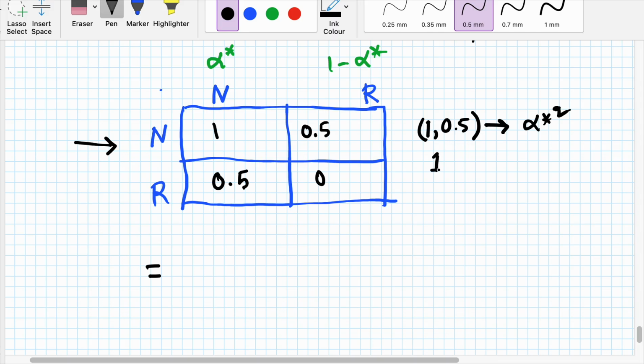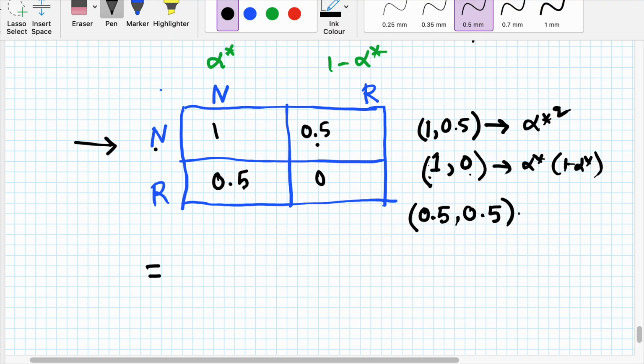And also in this outcome, when she samples n she finds 1, and when she samples r she finds 0, with probability alpha star into 1 minus alpha star. Then also she finds that action n is best. However the equality appears here, when she samples n she may find 0.5, and when she samples r she may also find 0.5.